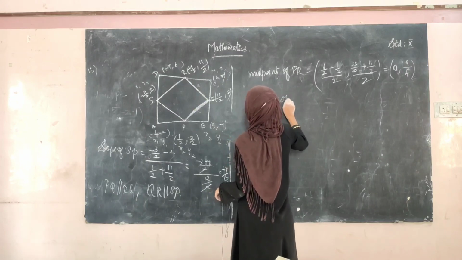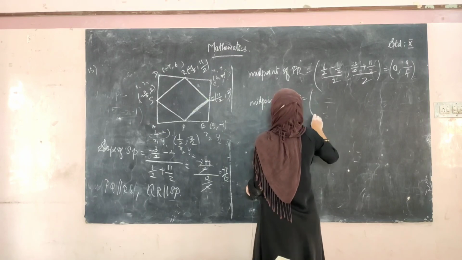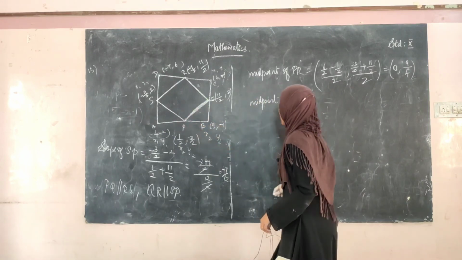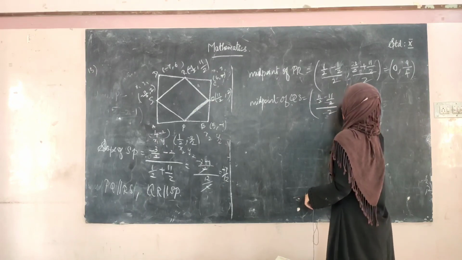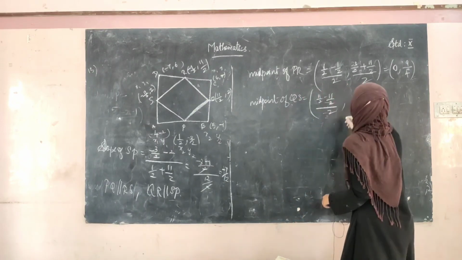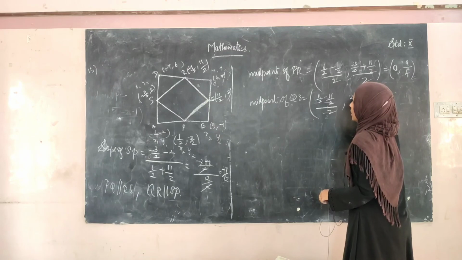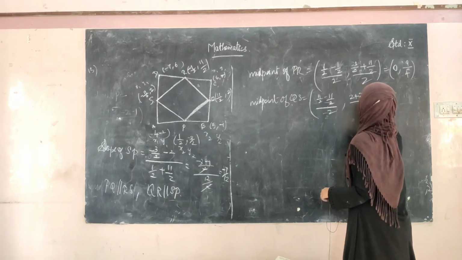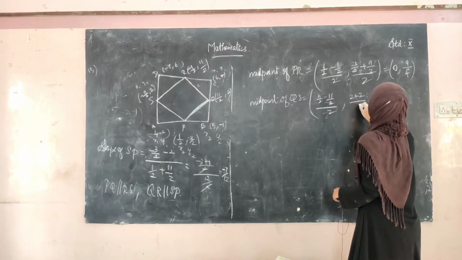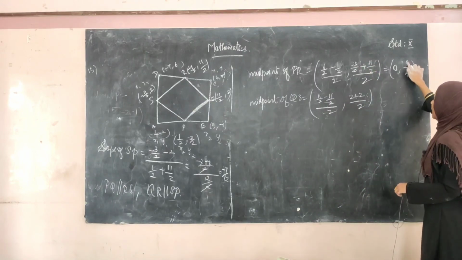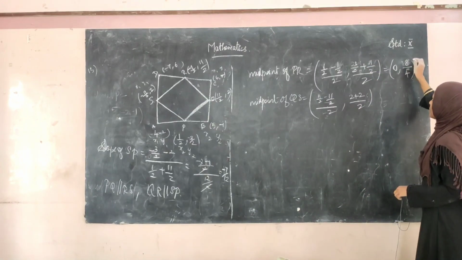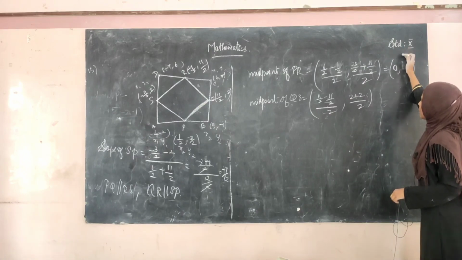And again, midpoint of Q and S, so it is 11 by 2 minus 11 by 2 the whole divided by 2 comma 2 plus 2 divided by 2, sorry this is 8, right? 11 minus 3 is 8.